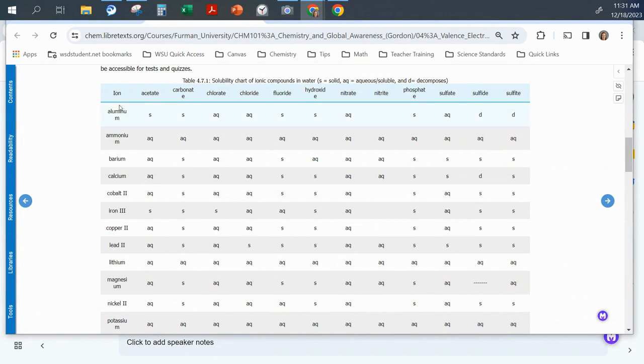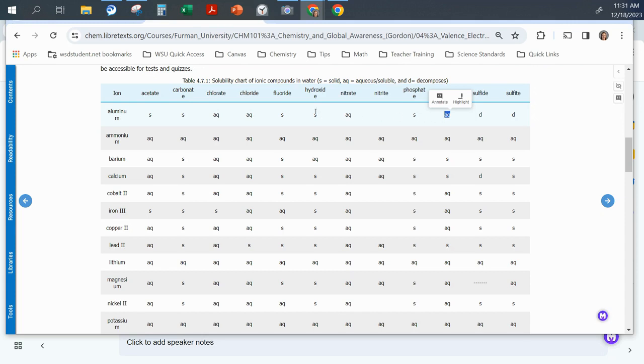So then I have to go through and see. We have aluminum hydroxide. So aluminum hydroxide, that's going to be a solid. So if we form a solid, that's going to be our solid. Then we also have to check aluminum sulfate. Aluminum sulfate says it's aqueous, so that's soluble.